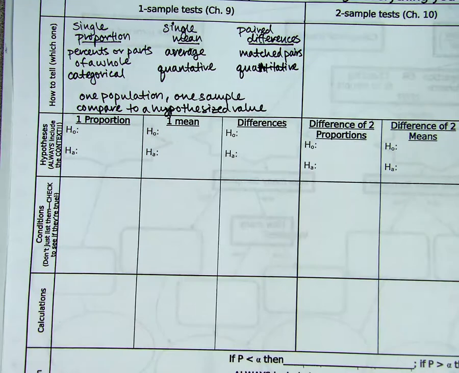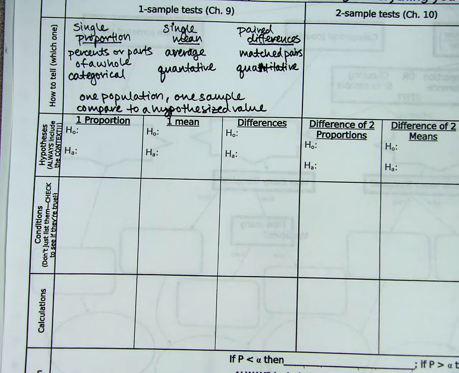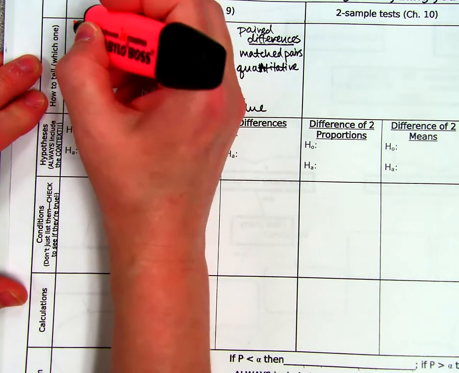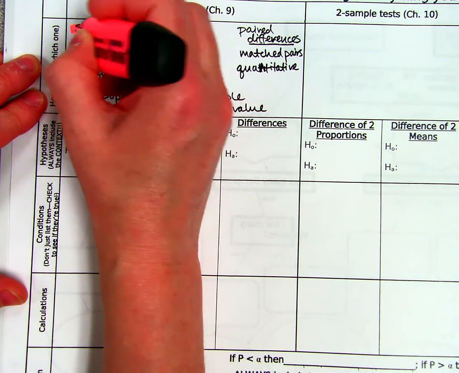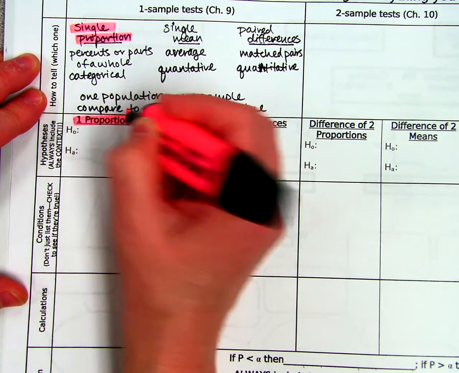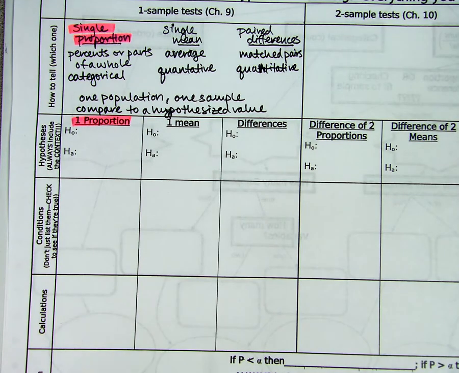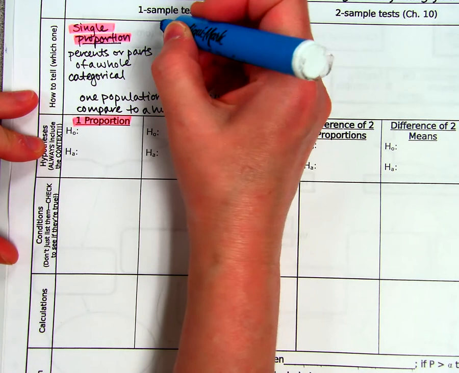So before we go on, I like to color code these too, and I think I warned you that you might want to have highlighters or colored pencils or something like that. And the color coding will make more sense when I do the other side also, but I'm going to do pink for proportions. Also, just so this column is all about proportions. I'm going to use blue for means.